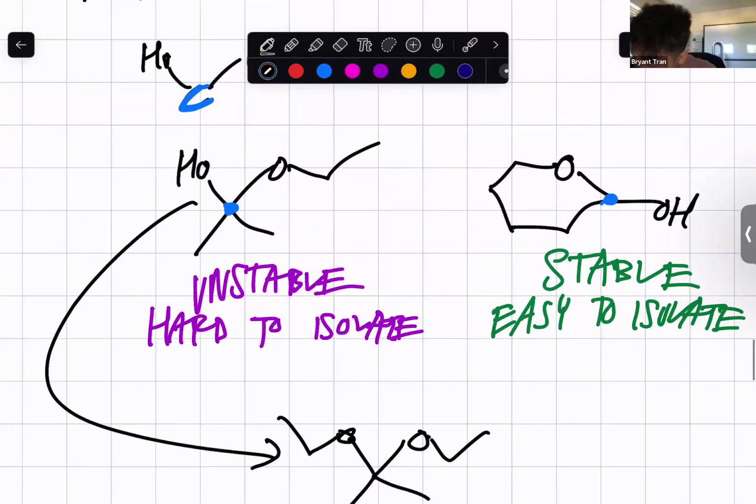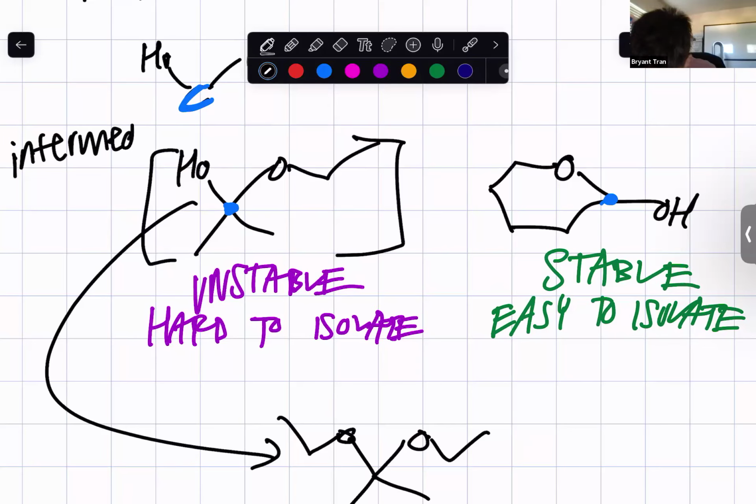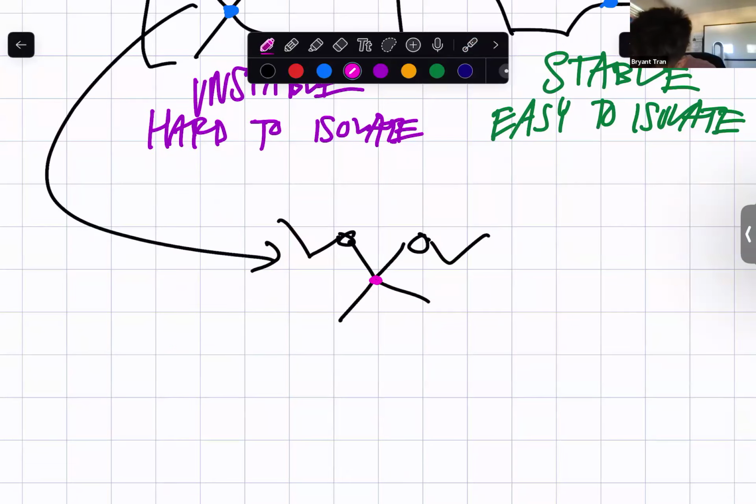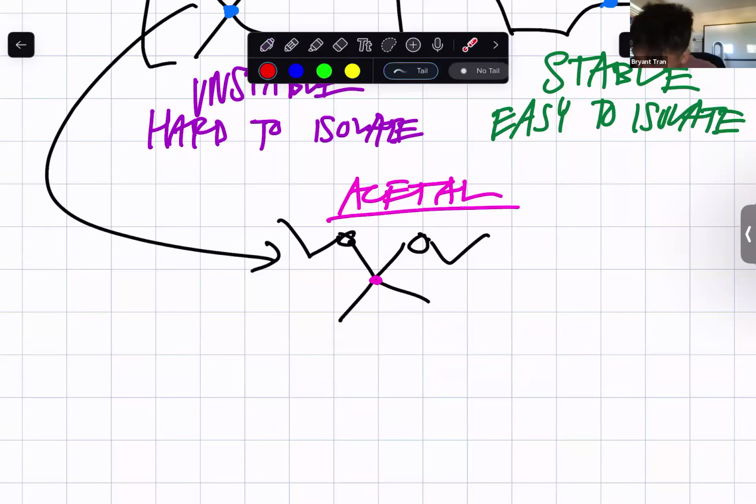And this hemiacetal here will tend to be considered an intermediate in the mechanism, which will eventually lead you to the acetal, which is a carbon attached to two OR groups, like that.